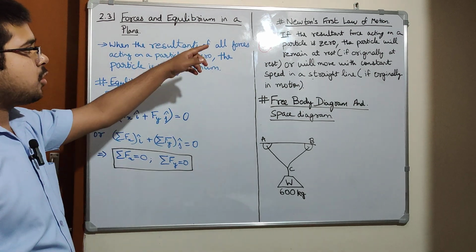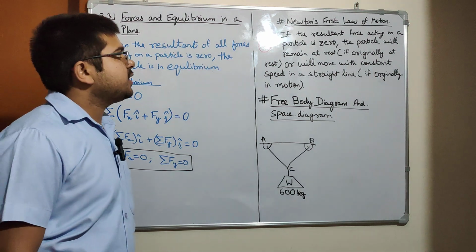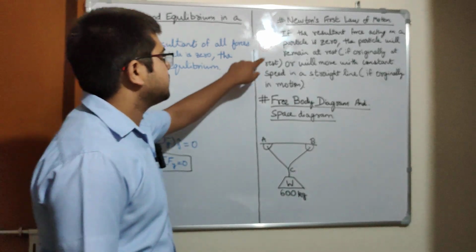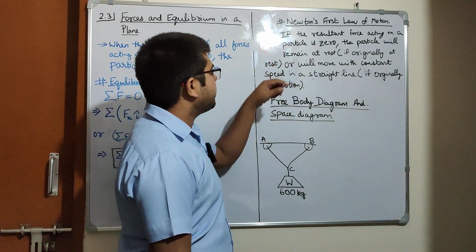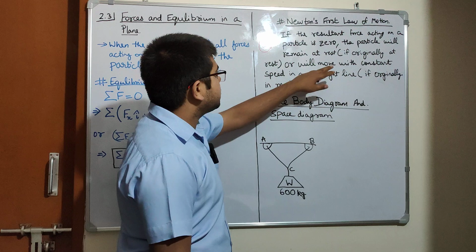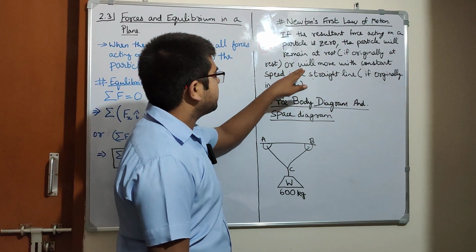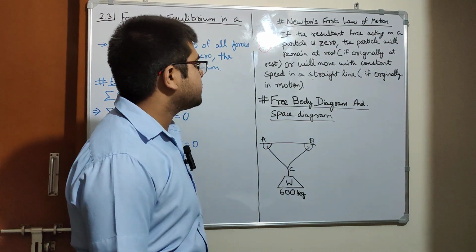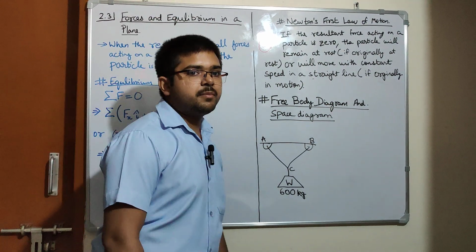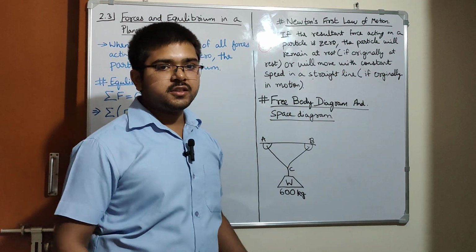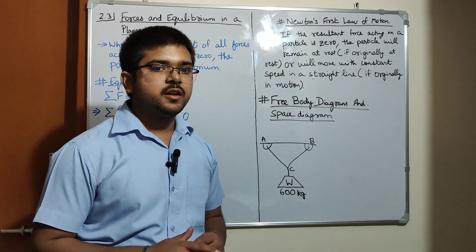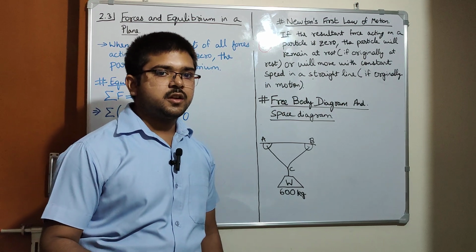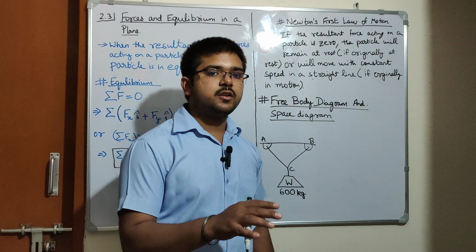Now Newton's first law of motion states that if the resultant force acting on a particle is zero, the particle will remain at rest if originally at rest, or will move with a constant speed in a straight line if originally in motion. So that means if a body is in equilibrium, then it will remain at its state of rest if it is not moving at all.